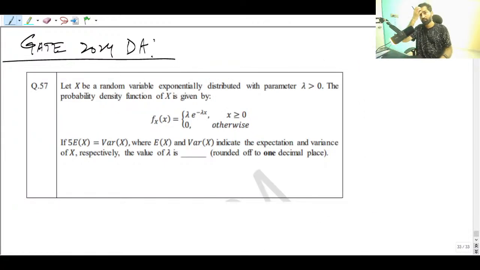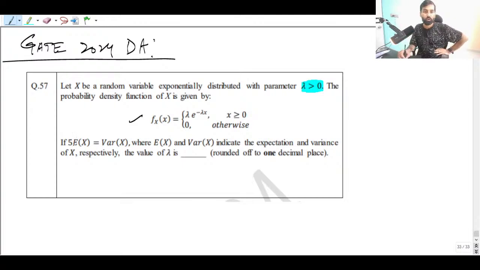So you see, x is a random variable exponentially distributed with the parameter. See the language. If I were to teach you in pure Hindi, you would not understand anything. The question is also matching with the word parameter lambda. Lambda is nothing but a kind of constant rate, which is greater than 0. The probability density function is given here. See, the notation and all, everything is matching.